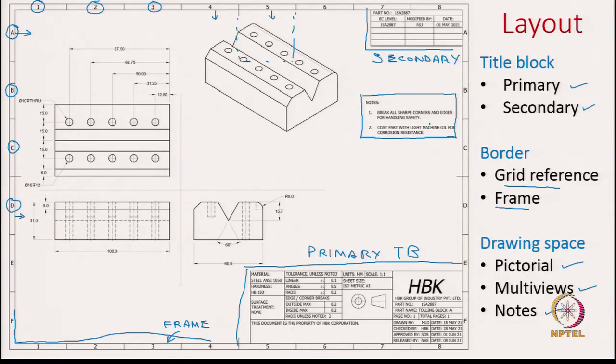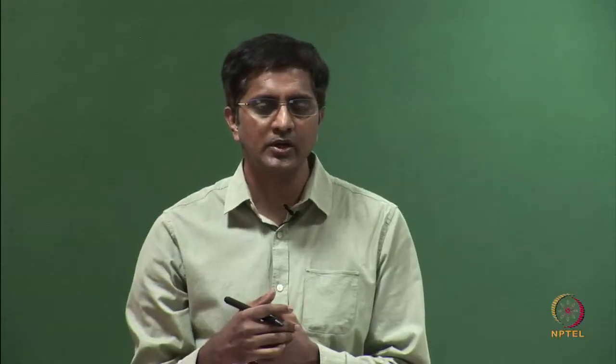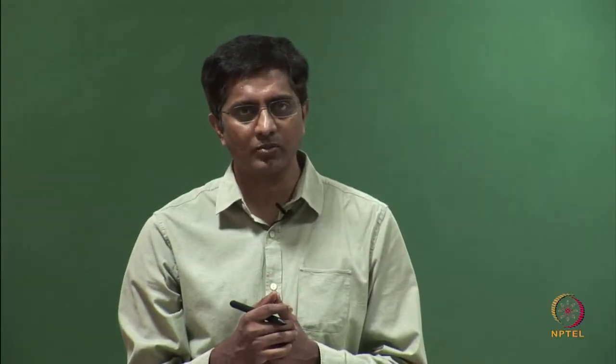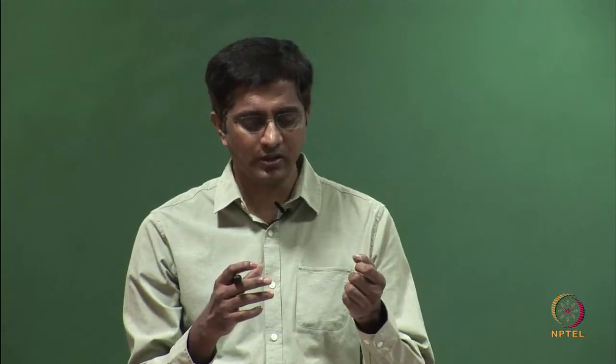The idea is that when someone is drawing, you want to convey all the engineering information and capture it on the drawing sheet, so that when I transfer this drawing sheet to a third party, let us say someone fabricating this particular object, he need not contact me again. All the information necessary to fabricate it can be given.